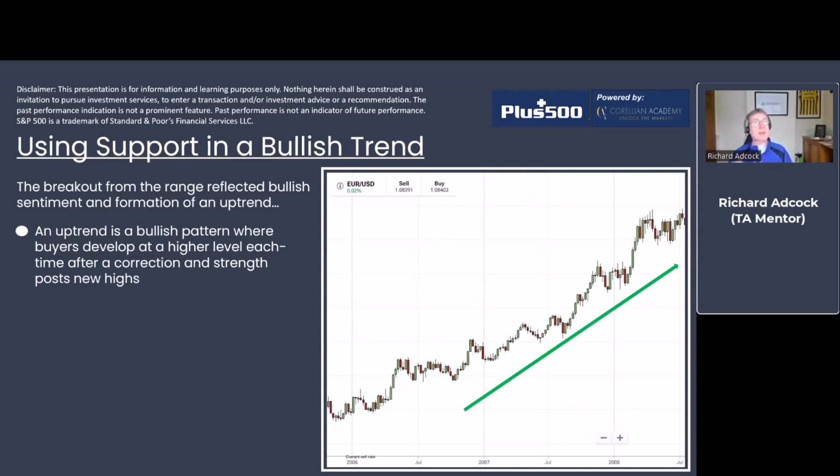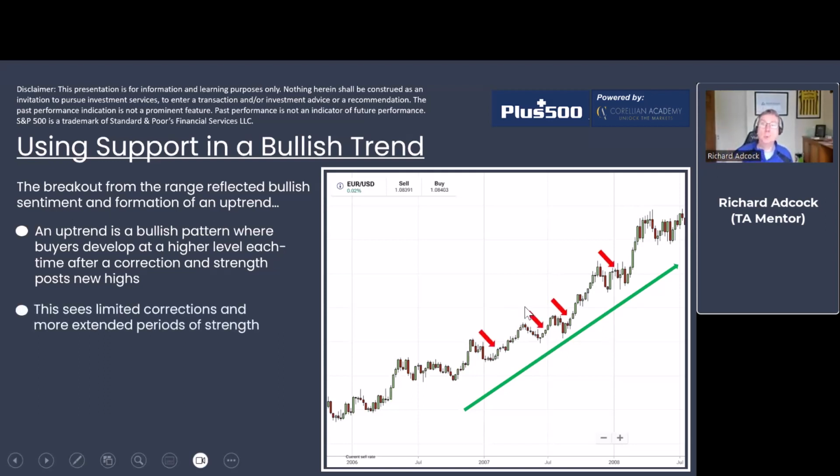So if we think about that in terms of a sentiment aspect, it's bullish because it takes less of a correction to attract buyers back to the market to get long and to push the market to new highs, to break above the previous failure level, which is a resistance focus. And once we start to push higher, we see the formation of this bullish trend, the pattern of higher highs and higher lows, and that reflects bullish sentiment shifts.